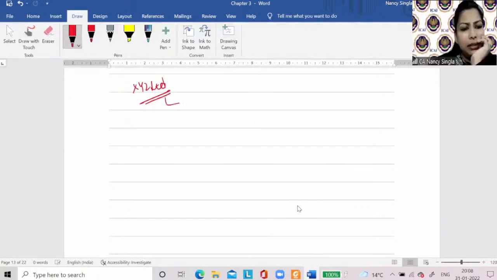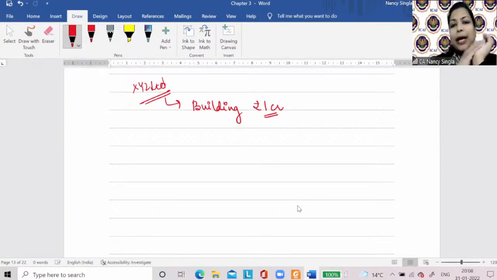Now, just tell me, if the client, XYZ Limited is our client, has a building worth ₹1 crore, how will the management or the client declare this to the users of the financial statement? Will the management just pick up the mic and start announcing that we have a building of 1 crore?